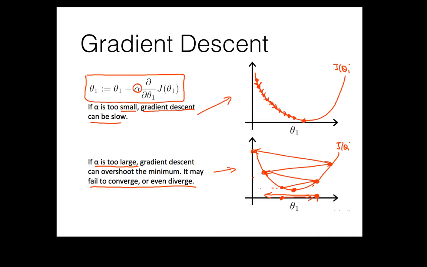Okay, what about the alpha? If the alpha is too small, gradient descent will be slow. Just look at picture 1. If the alpha is too large, gradient descent will overshoot the minimum.